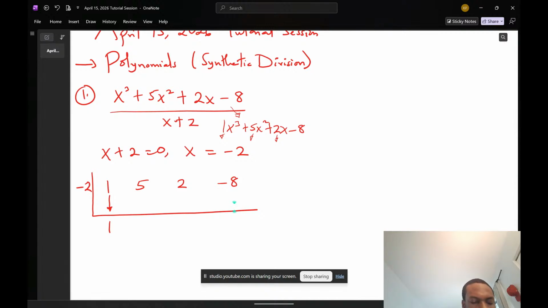Now we multiply this one with this one. So minus 2 times 1 will give us minus 2. When we do that, we add it to the next coefficient of the dividend. So 5 plus minus 2 is the same thing as 5 minus 2, which will give us 3.